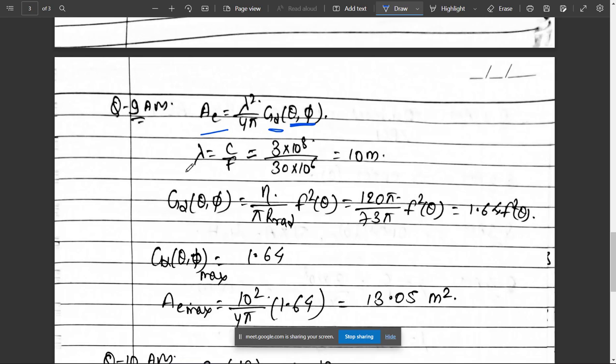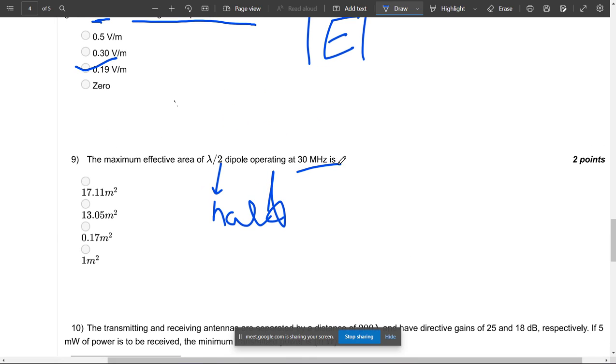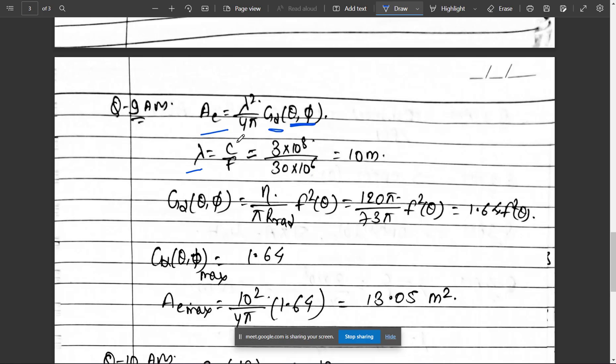Here lambda is equal to C by F. So first we will find out the lambda. Frequency here is given as 30 megahertz, which is 30 into 10 to the power 6 hertz, right? And we know C, which is 3 into 10 to the power 8. So lambda will be 10 meters. Lambda means wavelength.